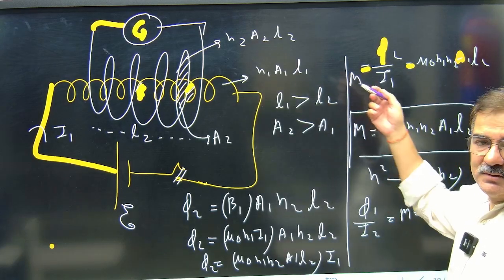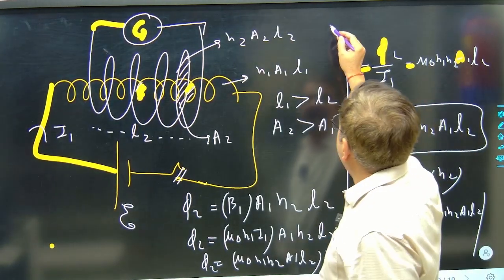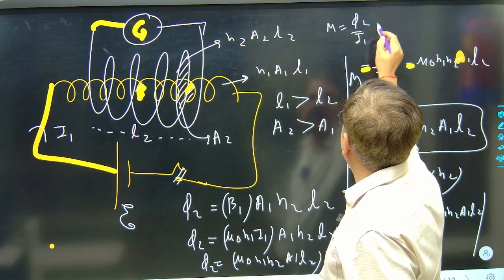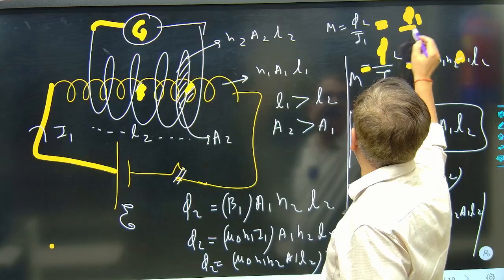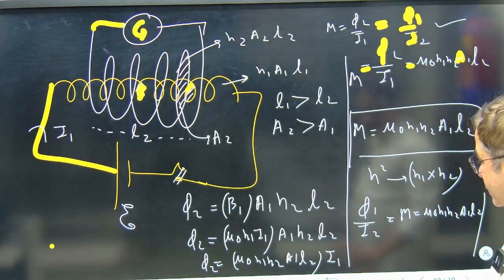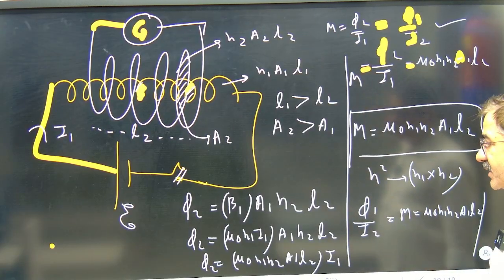So these factors can be related. What I am saying is that for mutual inductance M, phi 2 by I1 or phi 1 by I2, the results are the same. These parameters are important for finding the flux and mutual inductance.